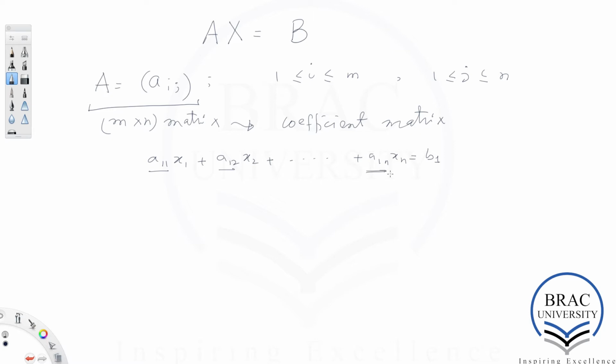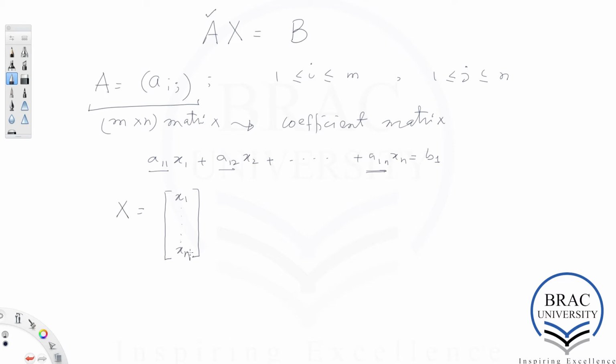So we explained what A is, and now x is the column vector of the unknowns, and we know that there are n unknowns. So this is x1 all the way down to xn.